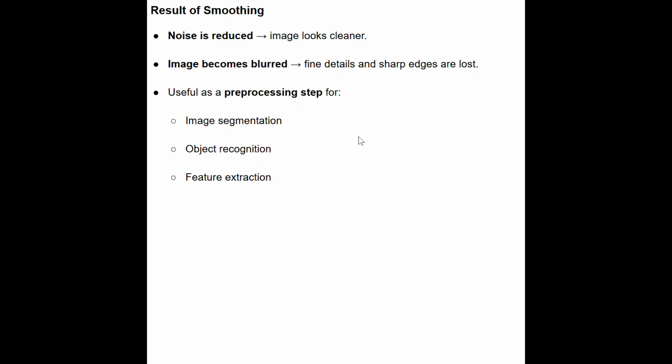The image becomes blurred, because the fine details and the sharp edges are lost. These are useful as a pre-processing step for image segmentation, for object recognition and for feature extraction. So this step is very important if you are having these kinds of applications in your mind.